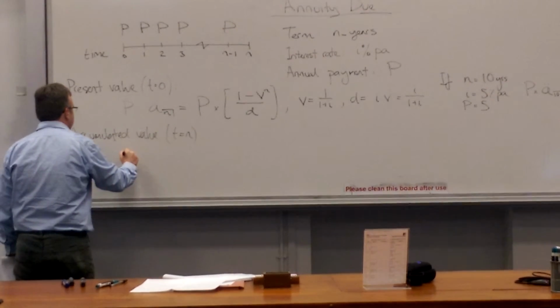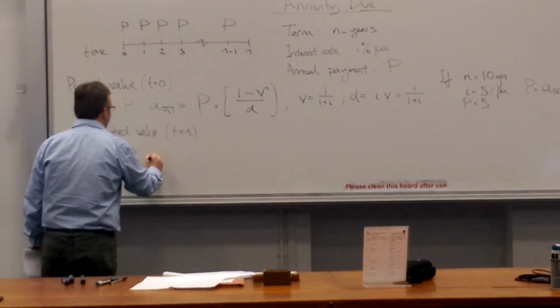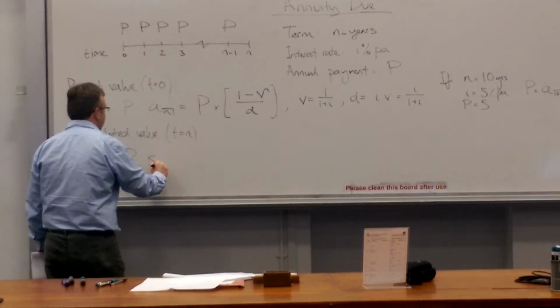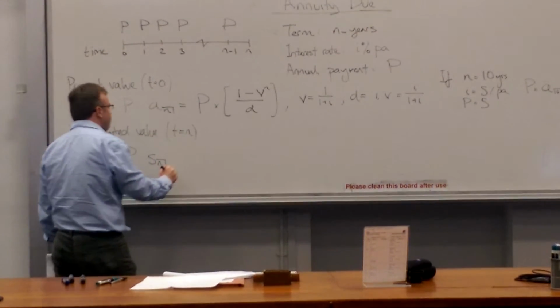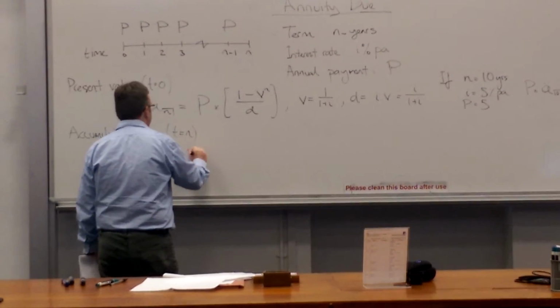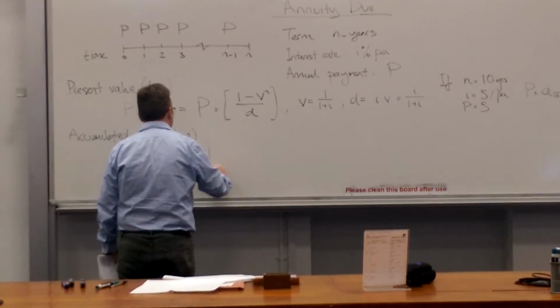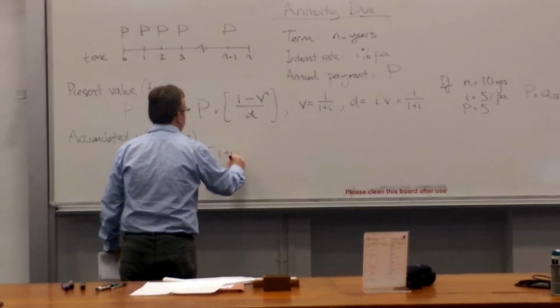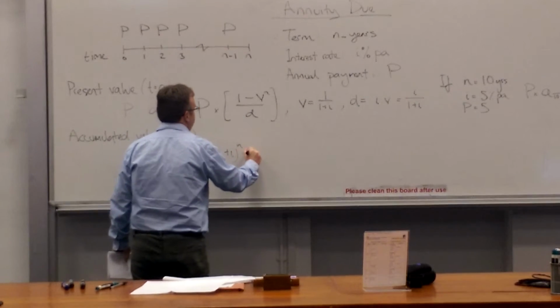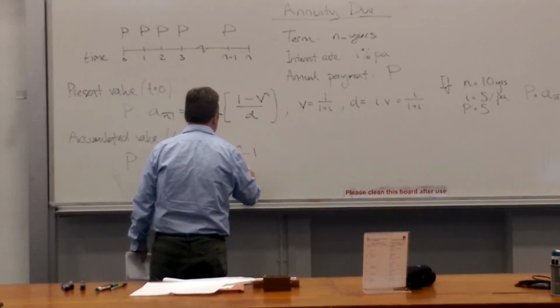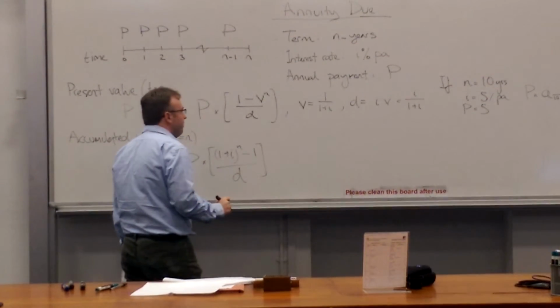In that case, our expression is P multiplied by s-double-dot n is equal to P times 1 plus i to the power n, minus 1, divided by d.